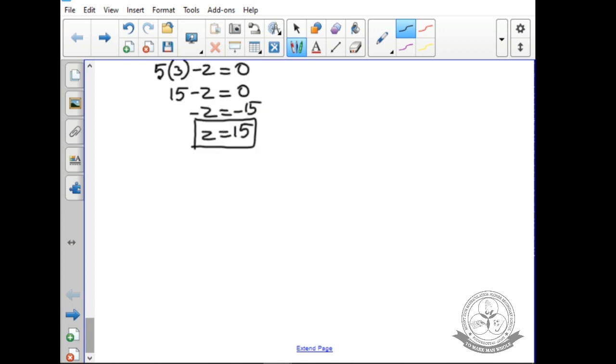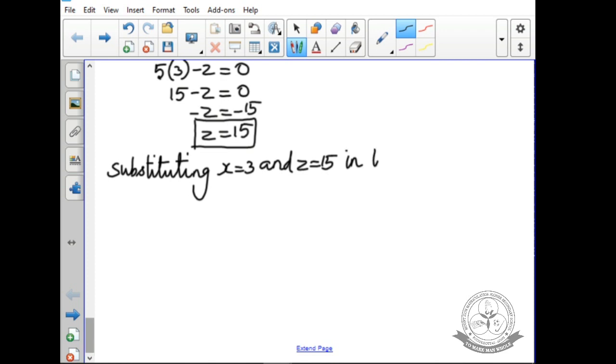So now we have the values of x and z. Now substitute x equal to 3 and z equal to 15 in the third equation, the given equation, x plus y plus z equal to 27.